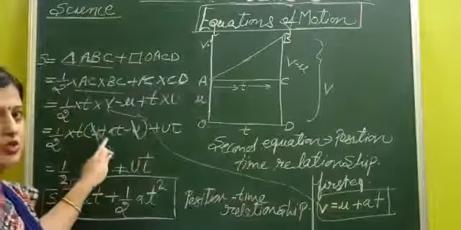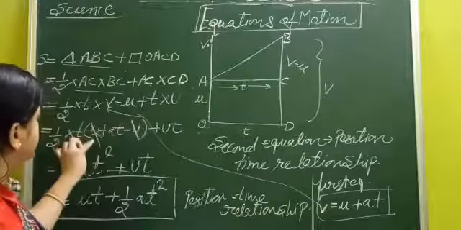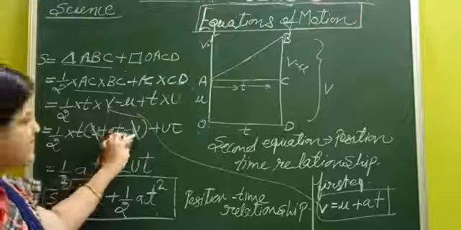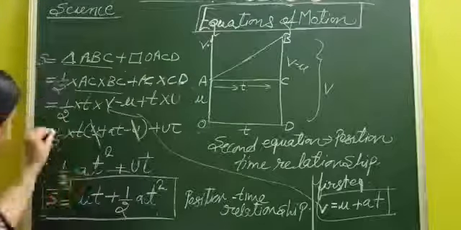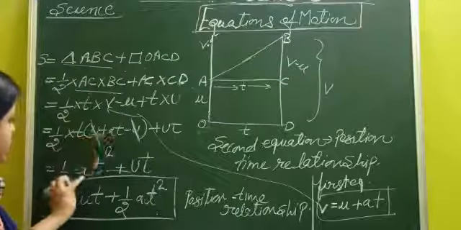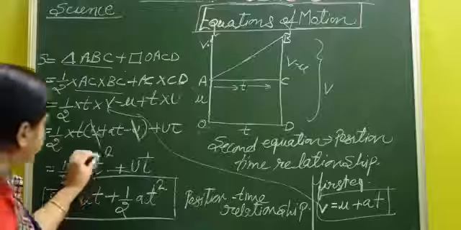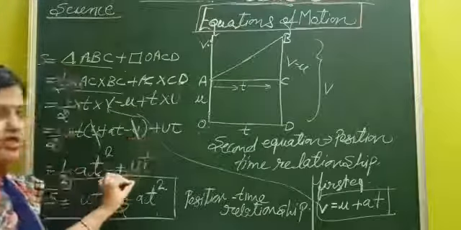I have written U plus AT minus U as it is. Now plus U and minus U cancel out, right? So what is remaining? Half A and T, so half AT square, plus UT as it is.